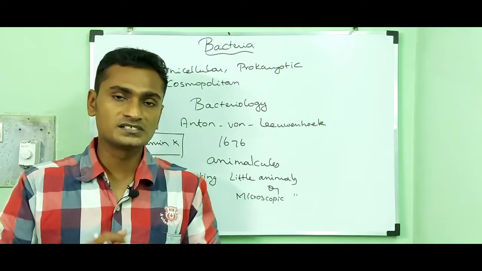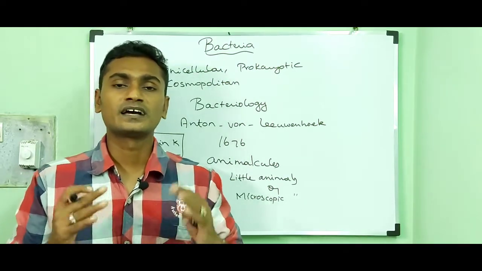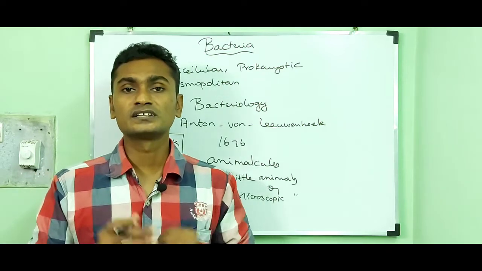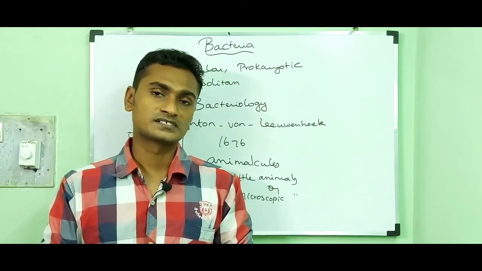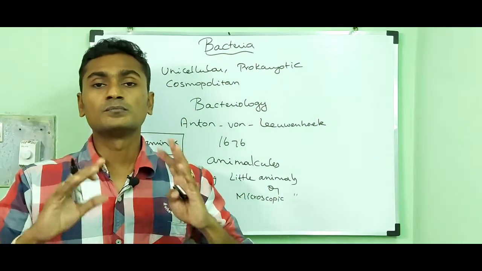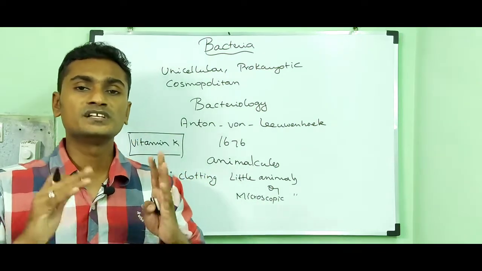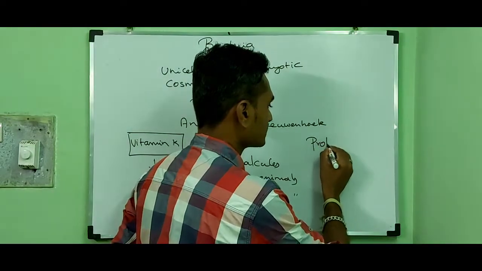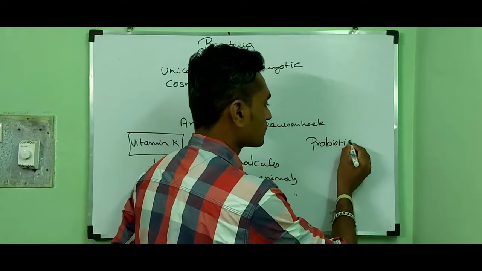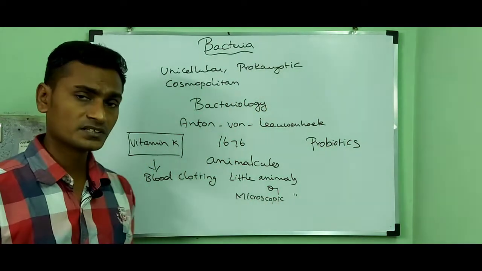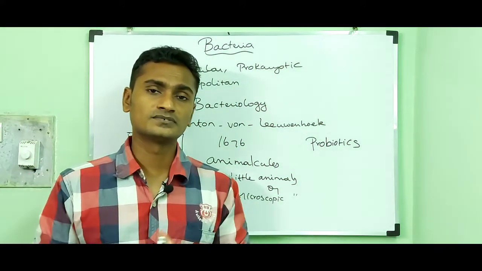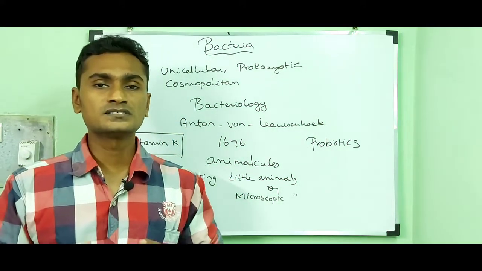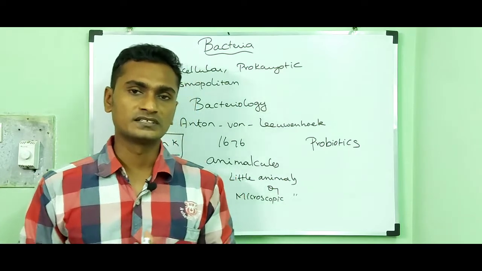In these two conditions, the bacteria act like foes and give harmful effects. If a bacterium gives a beneficial effect, it is called a probiotic. If it gives a harmful effect, it is called a harmful bacterium.